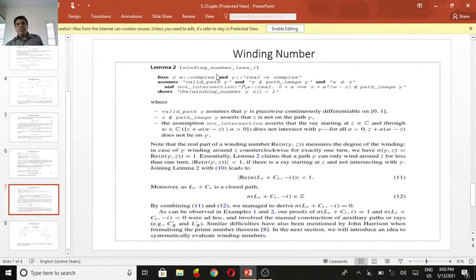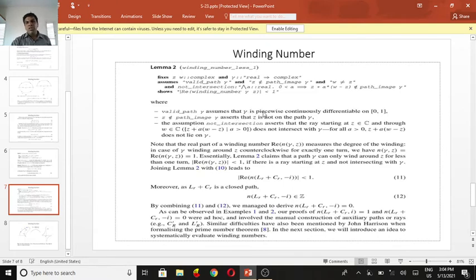The winding number lemma: we fix z and w complex, and gamma a path. So assume a valid path gamma, and z is not in the path image of gamma, so the winding number is defined.